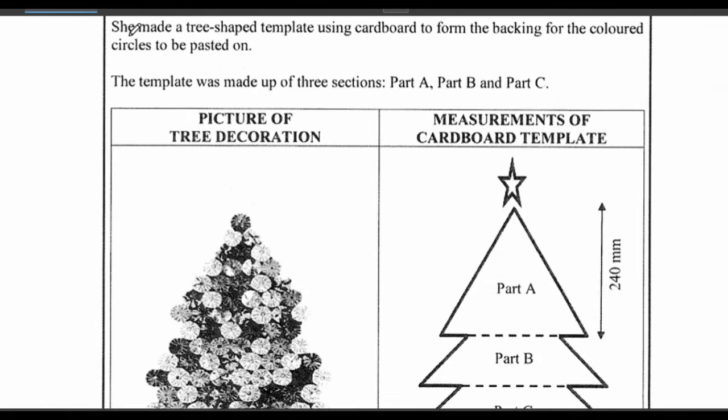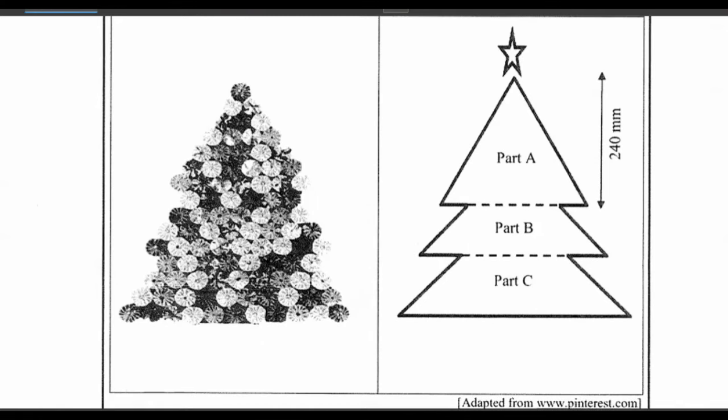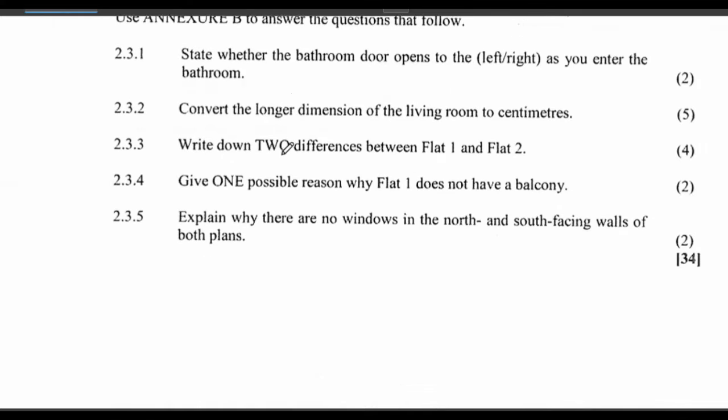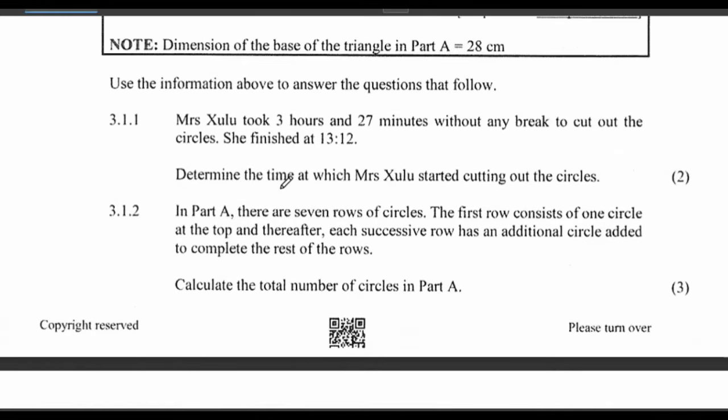Then she made a tree shaped template using cardboard foam, the backing for the colored circles to be pasted on. The template was made up of 3 sections, part A, B, and C. We look at it like that. And the questions come in here.